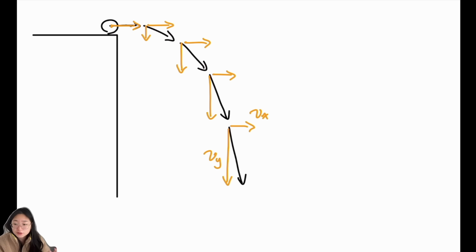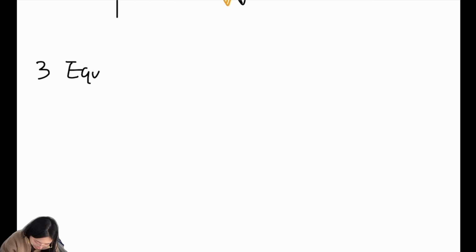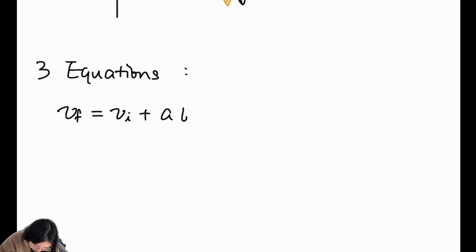Okay, now let's try to use the equations. There are only 3 equations that you need to know, and they are all shown on the equation sheet. The first is V final is equal to V initial plus the acceleration times t.